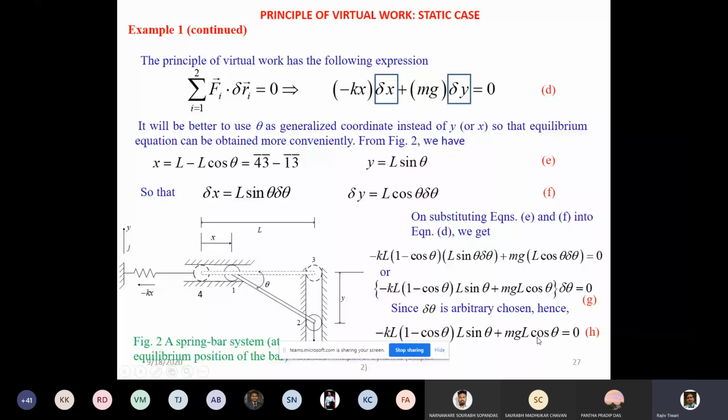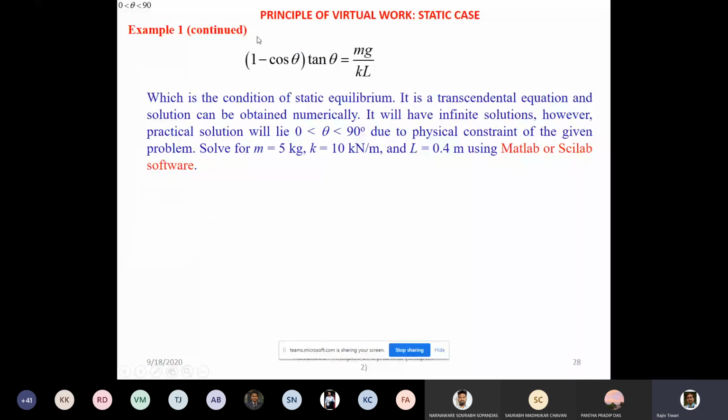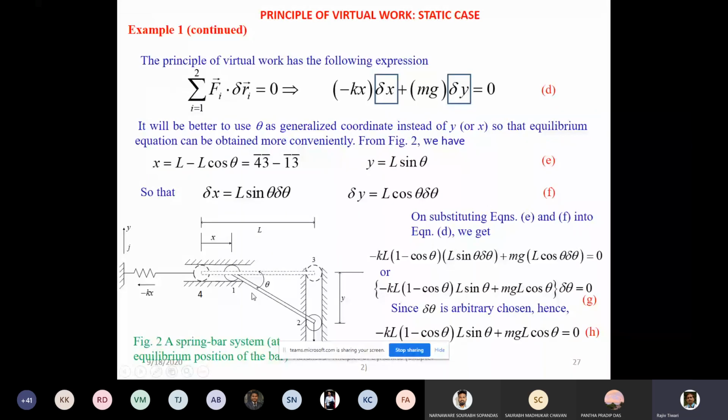So in this equation, you can see theta is there, mg, k, L. If we know mg, k, L, we are able to get the position of theta at which this particular bar will be in equilibrium under static condition. And there is a constraint here.